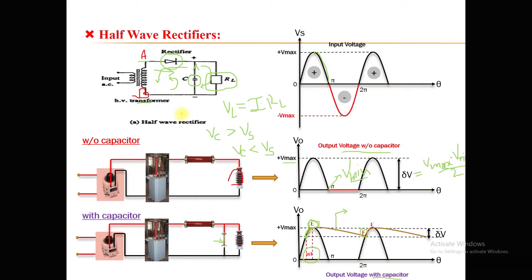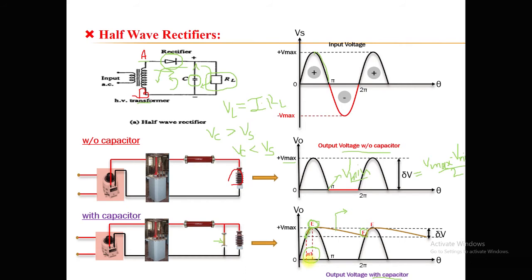At initial conditions there is no conduction, but as the voltage across this diode is sufficient, it starts conducting, acting as a closed switch and filling up the charges to this capacitor. As a result, the capacitor will charge to a maximum value.